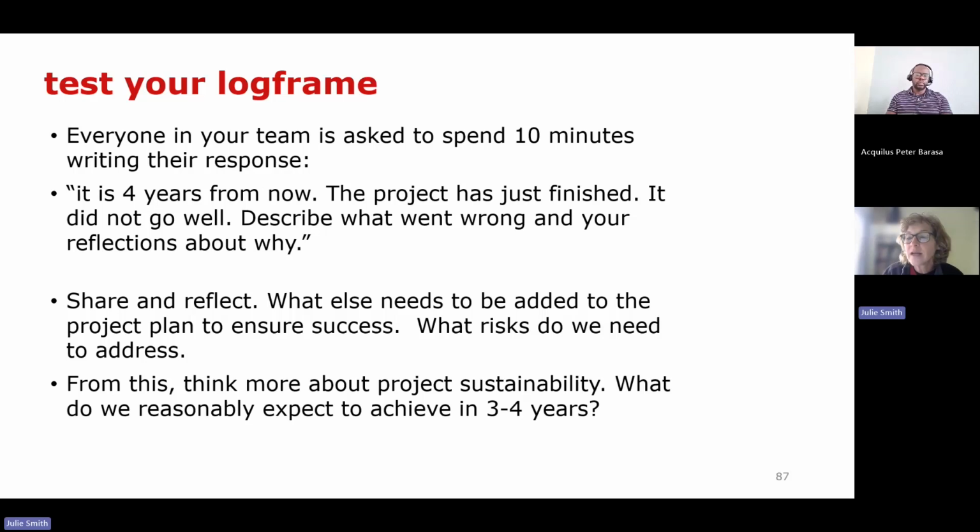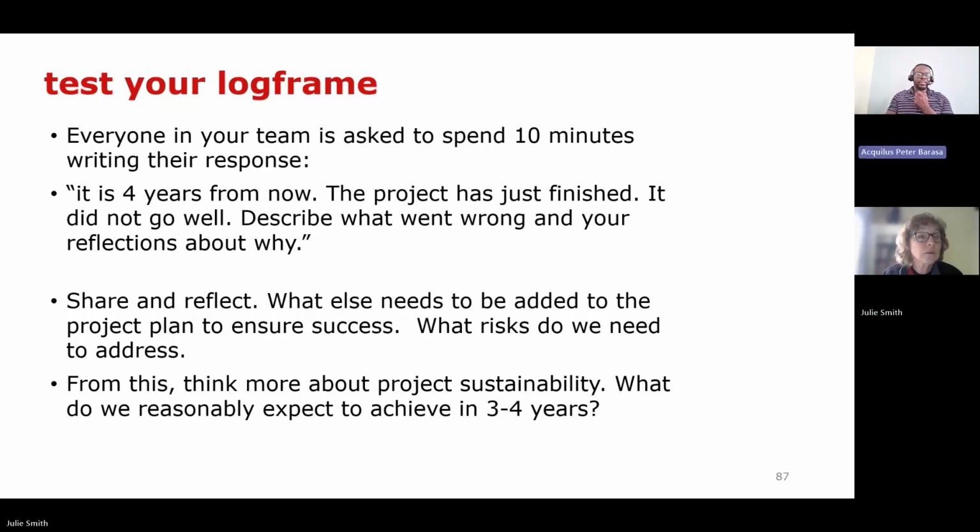So it really highlights some factors that you then go back and think, okay, how can we address some of those things that could go wrong right at the start? For example, issues with targeting the wrong people, or the project being too ambitious or expecting too much. So it's a really useful way to get people reflecting, going back and refining things.